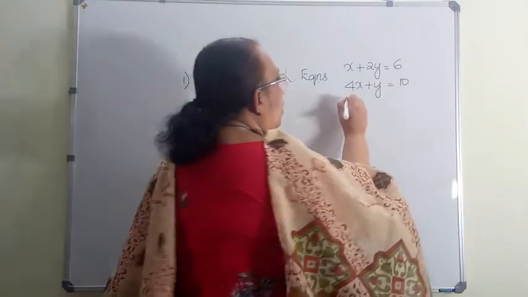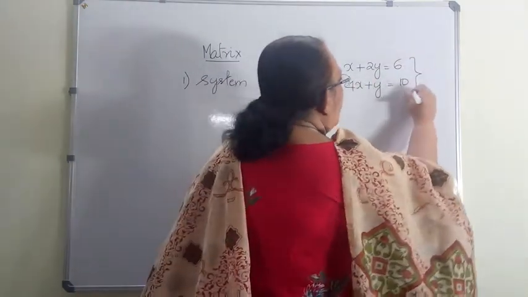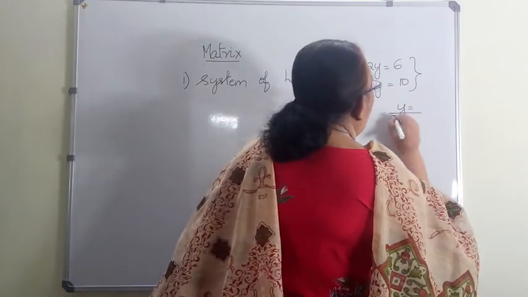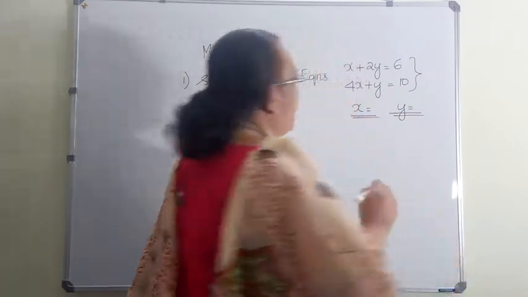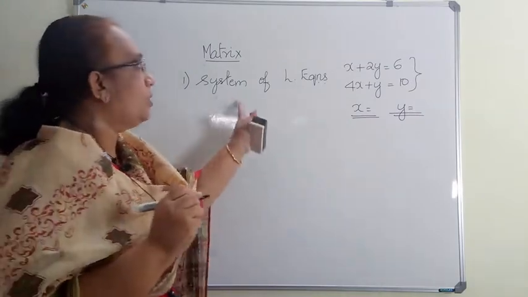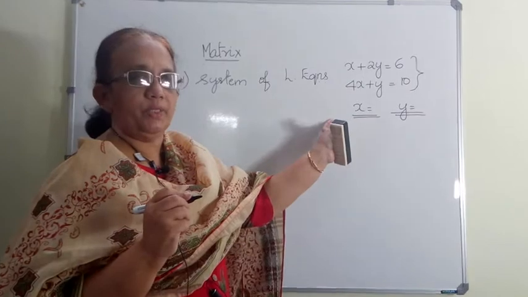On solving these two equations, you get the value for x and the value for y. You have studied this in your lower classes. So you can see that matrix can be used to solve a system of linear equations.